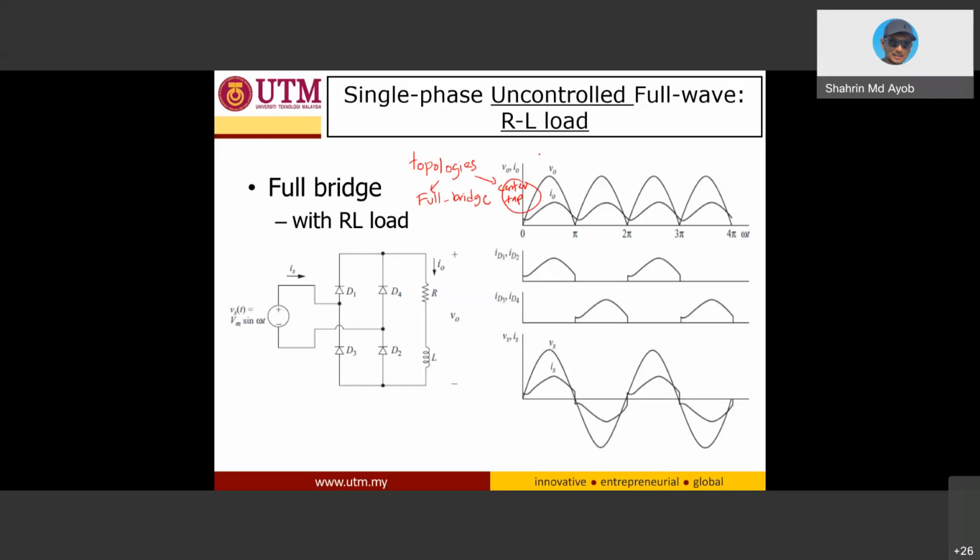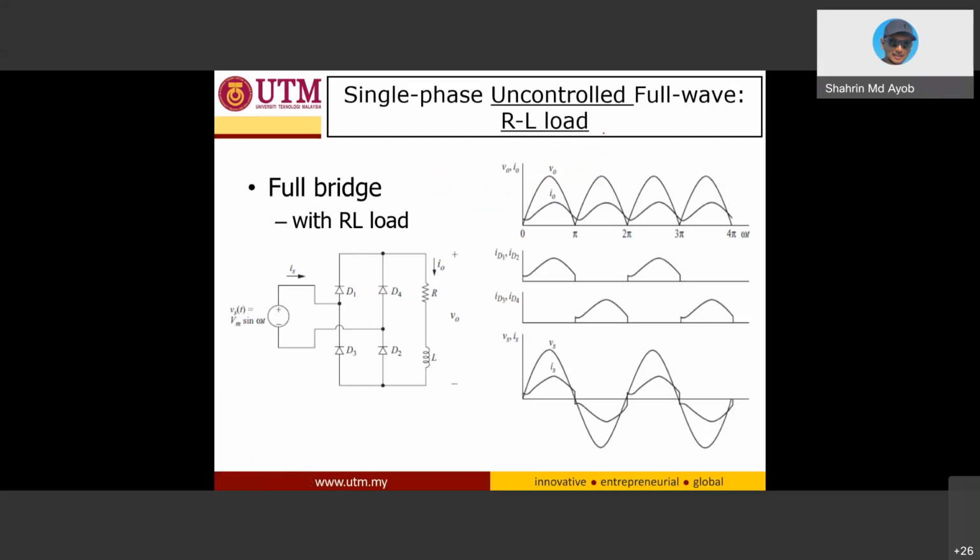The center tap uses a transformer, meaning there is isolation between the source and the load. What we have learned so far is for R load only, the linear load, so the analysis and calculation are very straightforward.